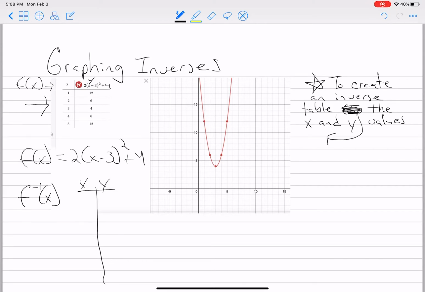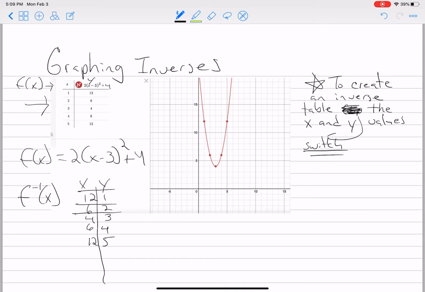Maybe don't write flip, say switch the x and y values. So we had 1, 12; 2, 6; 3, 4; 4, 6; and 5, 12. Now the x and y values are switched.